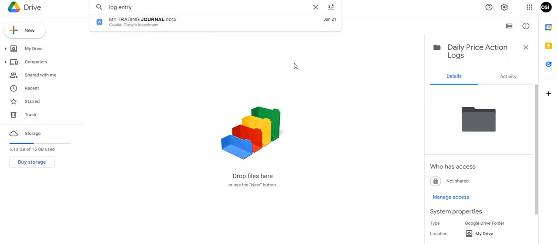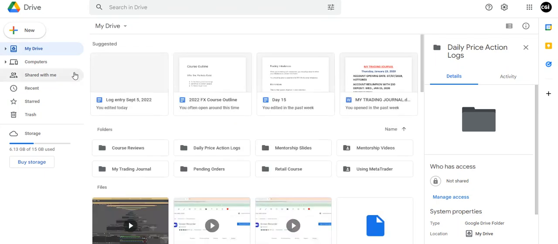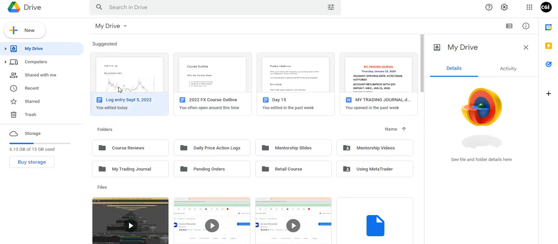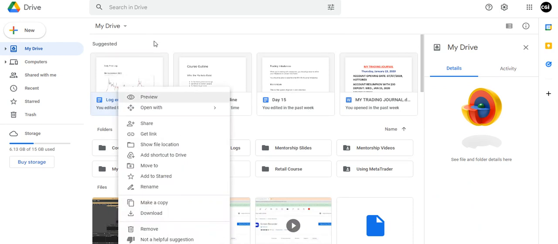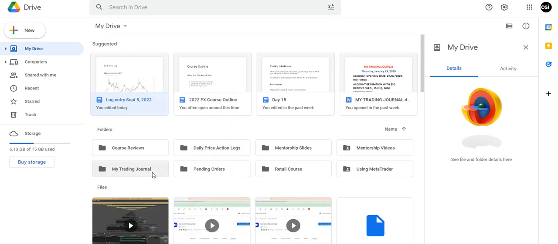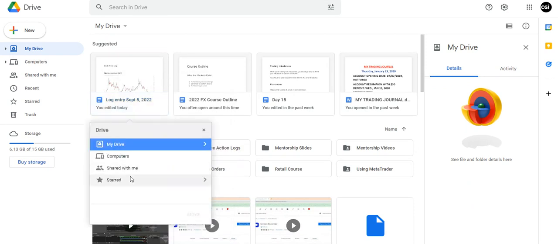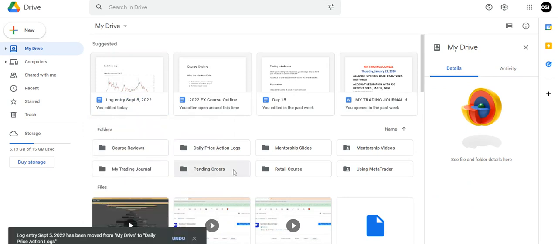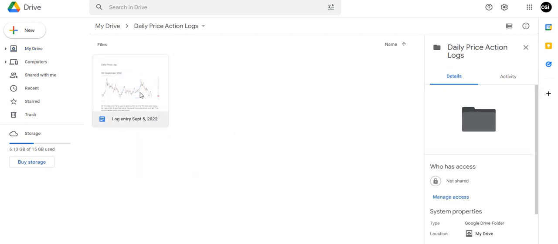Okay, let's see. So now you can see the log entry I just created. You can move to my drive, daily price action logs, and I move it inside there. So once I click daily price action logs, I'll find it inside there.